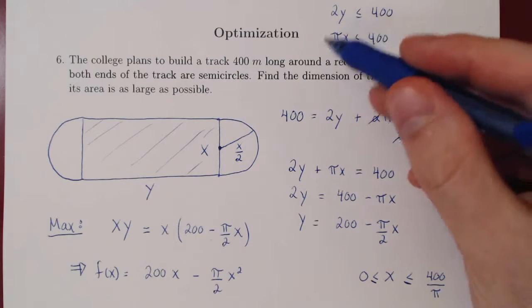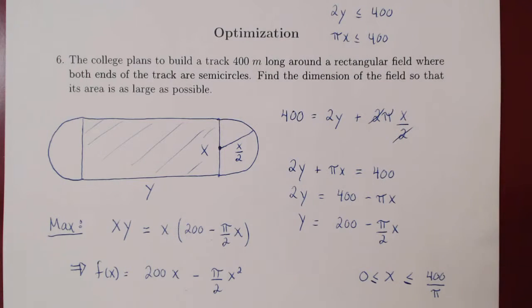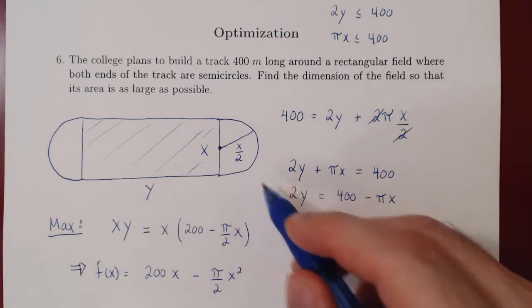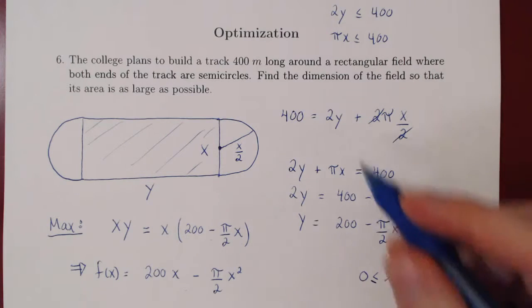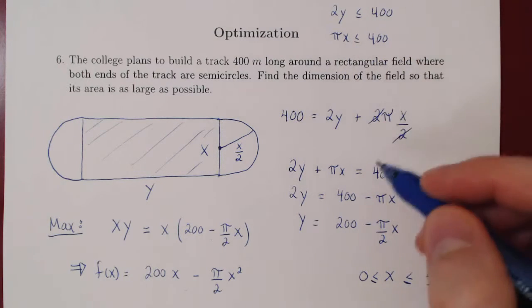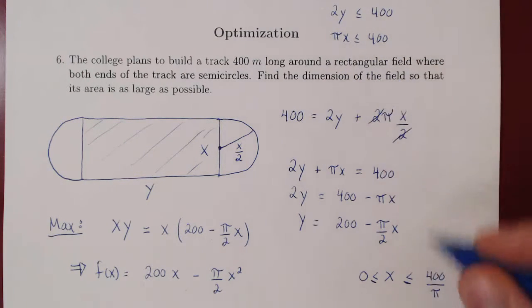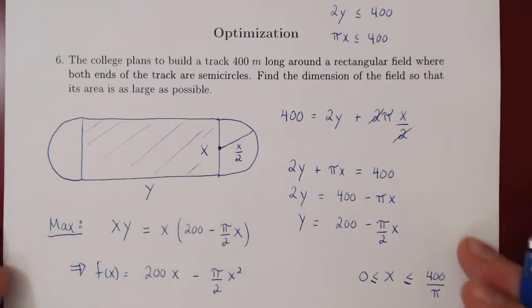And it is with this observation that we got the right-hand point of our interval. Suppose that you miss this, that you don't see from this equality that pi x must be at most 400, therefore that x must be at most 400 over pi. Can you still solve the problem?